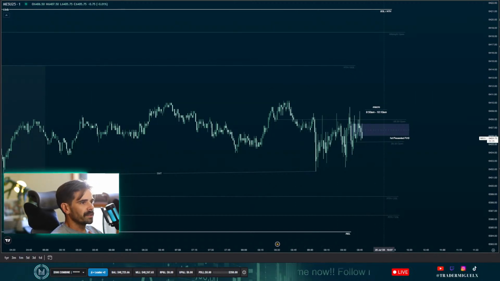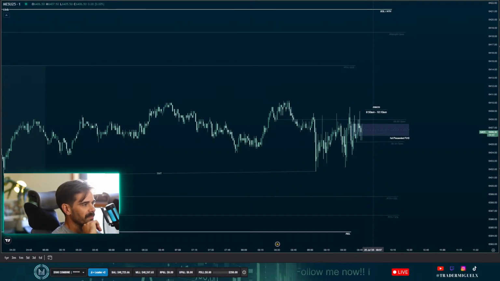Way cleaner. NQ is trying to head to the upside, just playing here inside the first presented fair value gap, and NQ is delivering way better right now.